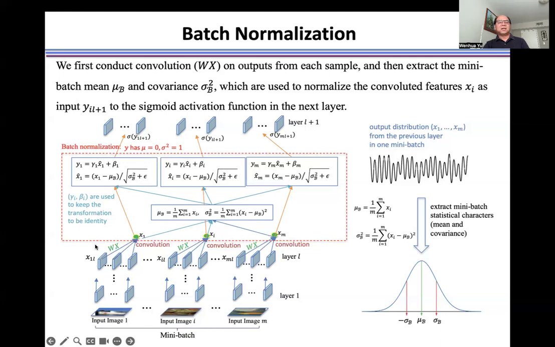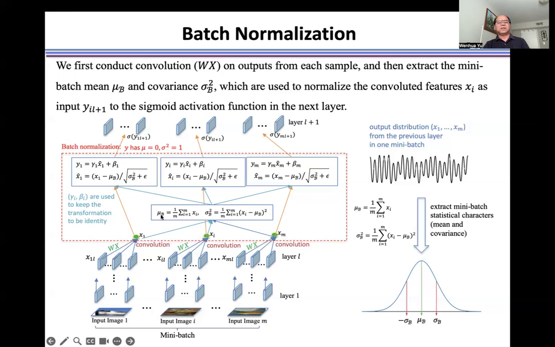We first use convolution on the output of layer L to generate x1, xi to xm. And then we extract mean and covariance from x1 to xm.